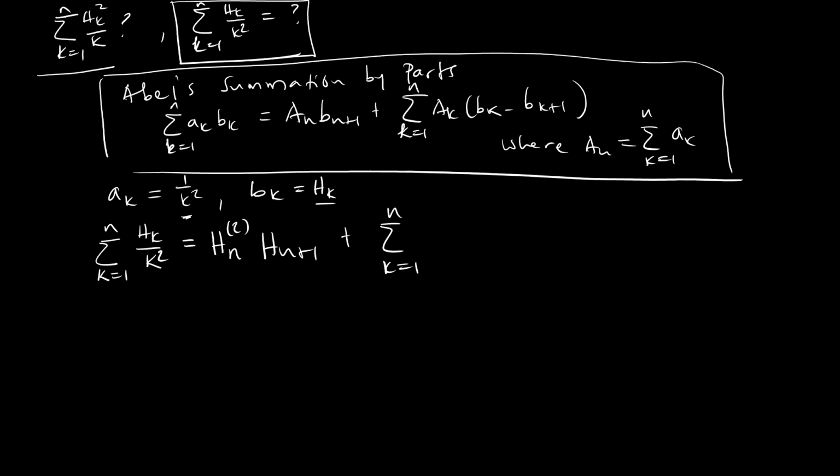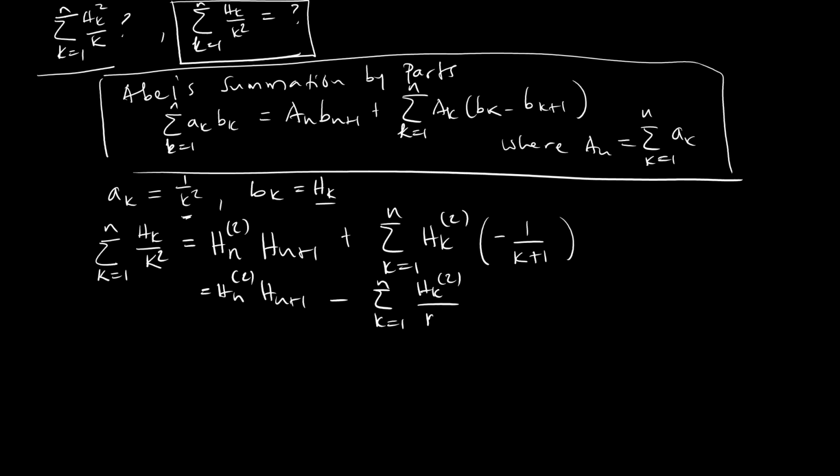A_k for us would be H_k, and then b_k would be equal to negative 1 over k+1. So this becomes H_n squared H_{n+1} minus the summation from k equals 1 to n of H_k over k+1.